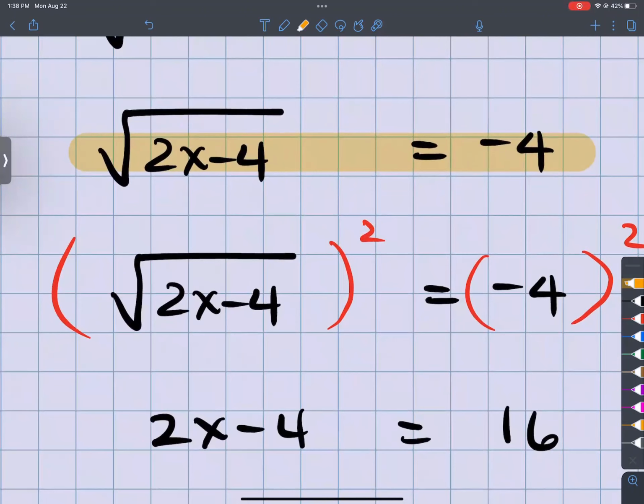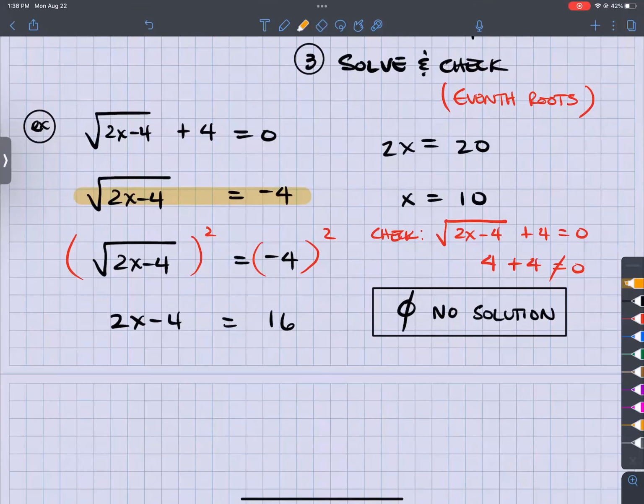Do you want us to do it all out and then check it and then say no solution, or can we just circle that and say no solution? Explain why. You know what I'm saying? I'm okay with you not going all the way through. Because if you already see there's no solution here, then say it's because you can't take a square root of any number and get negative 4.